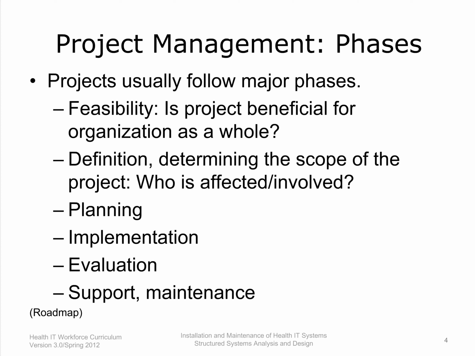However, some of the more common phases include determining feasibility, the process of determining if undertaking the project will net beneficial outcomes for the organization as a whole; definition and determining the scope of the project, who is affected by the project, both directly or indirectly, who will be involved with the project, what other factors are relevant to the success of the project; the project planning phase, developing a roadmap for project success as well as tools for measuring that success when completed; the project implementation phase, actually doing the work; evaluation; and support and maintenance, determining the project's net benefit to the organization and putting in place processes to ensure longevity.